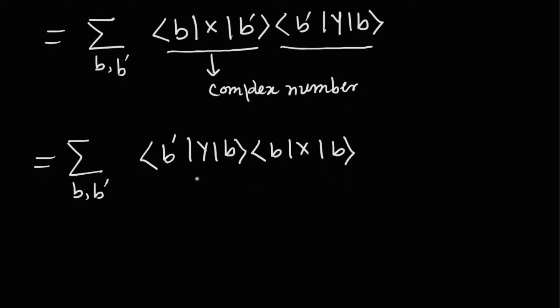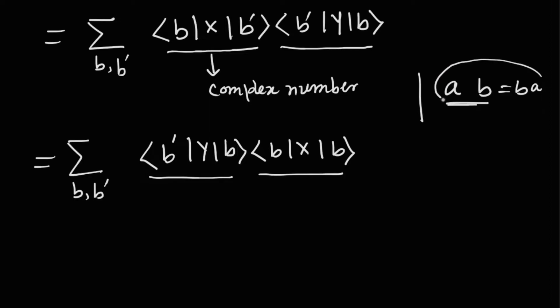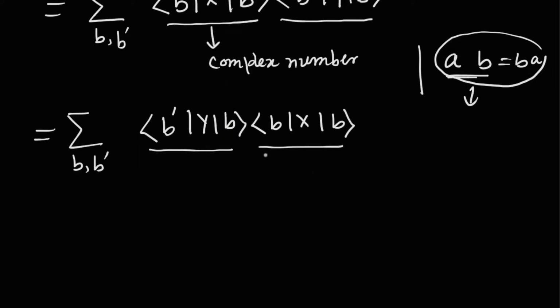We can write these things because these two are numbers. If a is a number and b is a number, the multiplication is commutative, so ab is equal to ba. We have used this commutative relation of numbers here.